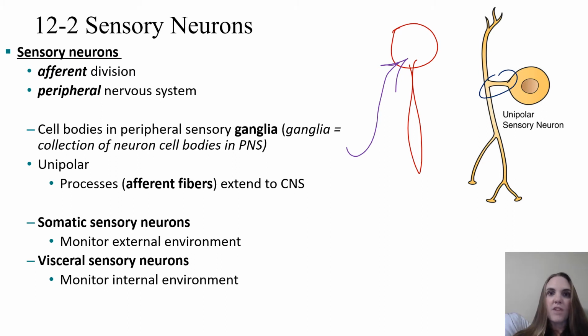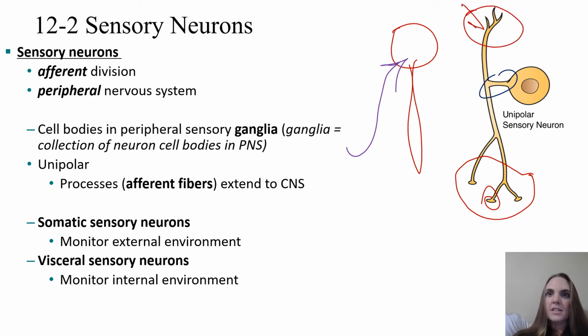And those afferent fibers, those processes extend from sensory receptors in the peripheral body to the central nervous system. So in this picture on the right, this is our axon terminal with our synaptic bulbs, and then this would be our dendrites.